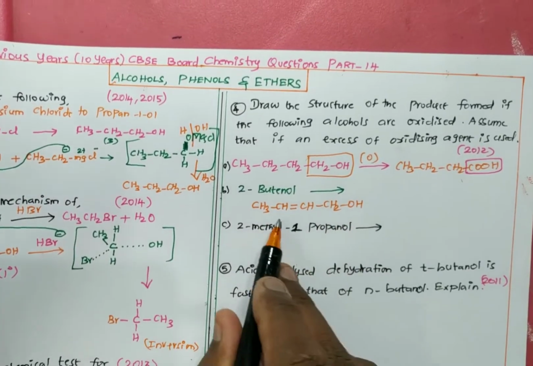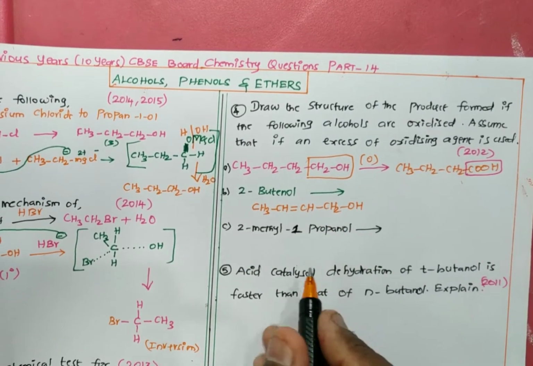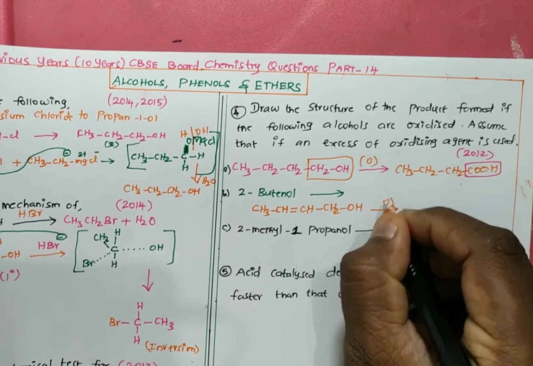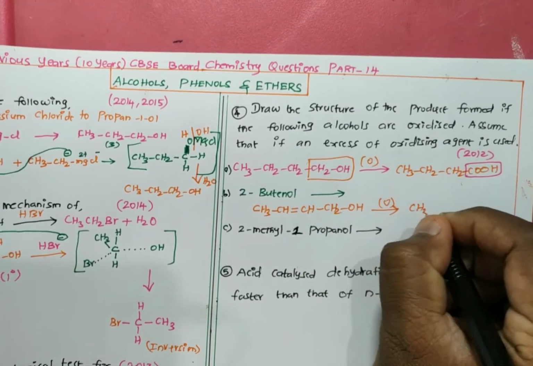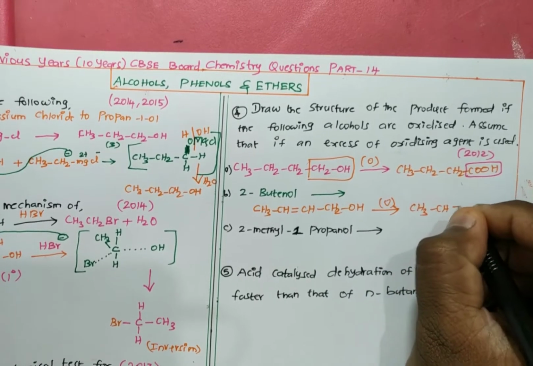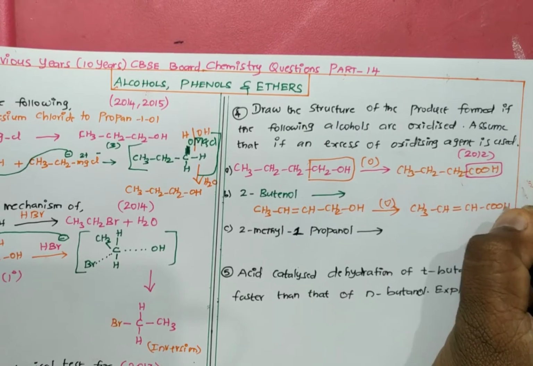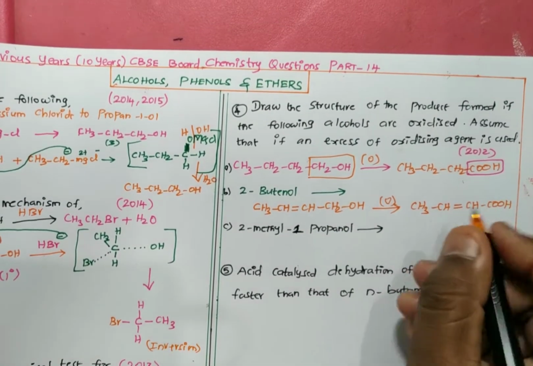This is the structure of butenol or 2-butenol. Once it is getting oxidized, what will be the product? The same thing, CH3, CH, double bond, CH, COOH. Butenoic acid. This is butenoic acid.